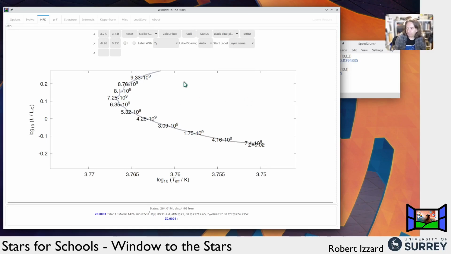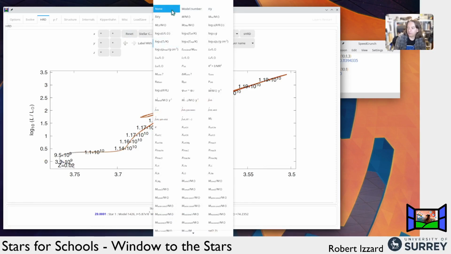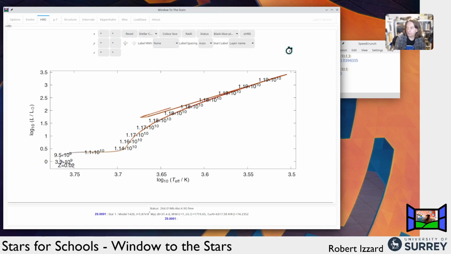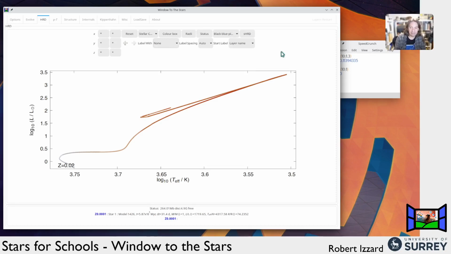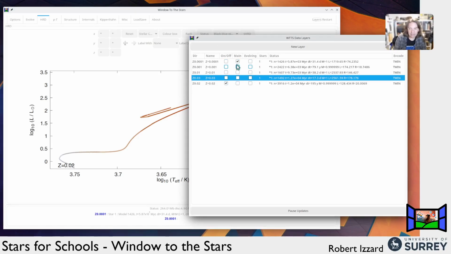However, one other thing I've looked at here, if I just reset this and go back to where we were, turn off the time labels, I've also run some tracks which are at a different metal content, what we call the metallicity. So that's a different amount of heavy elements, everything like oxygen or iron, things like that in the star. And I've made them in the layers that Windows the Stars has.